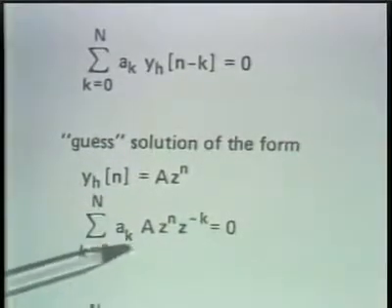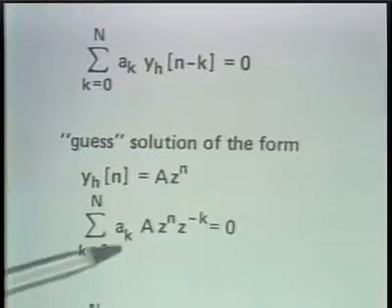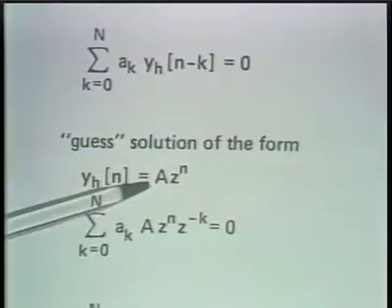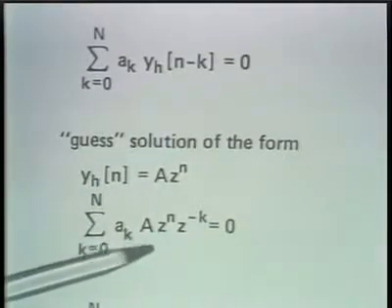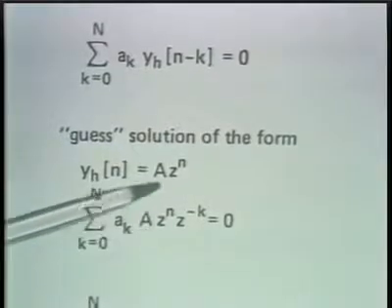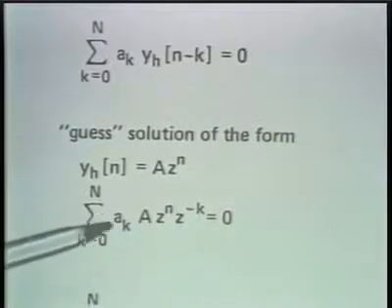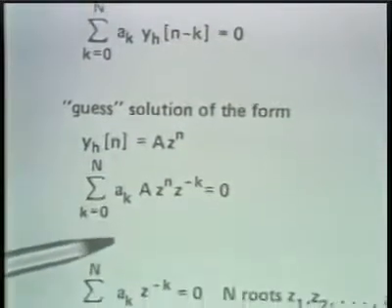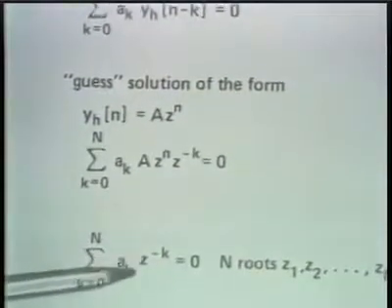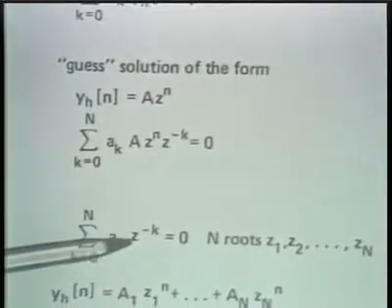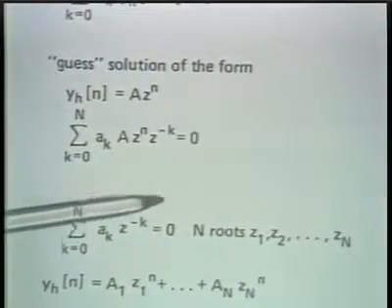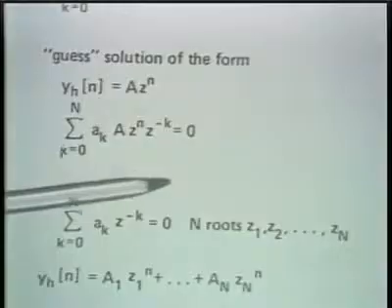We recognize again that A, the amplitude, and z to the n, this exponential factor, cancel out. And so this equation is satisfied for any values of z that satisfy this equation.